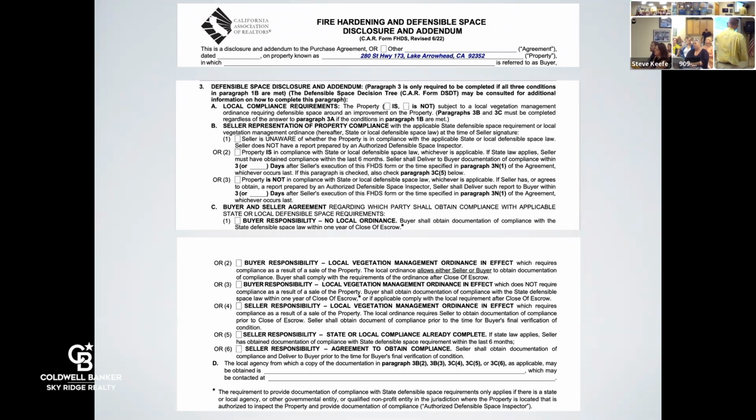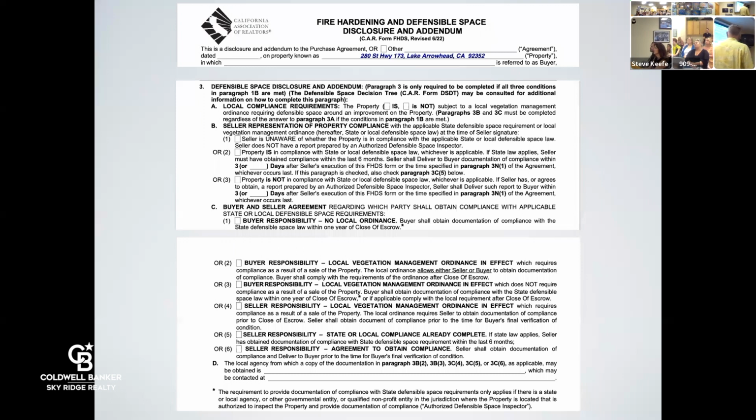It could be under paragraph B, and I've cut some of it away. This is not the actual form. I'm going to talk about the specific parts of the form that are important for you that are different. It starts in paragraph A, where there is a local compliance requirement.